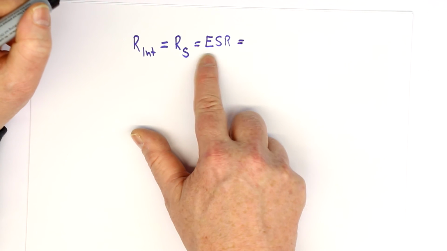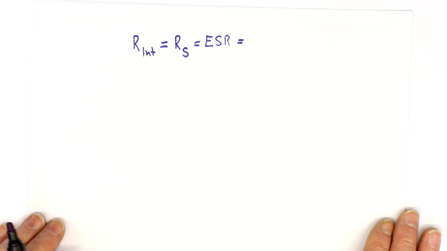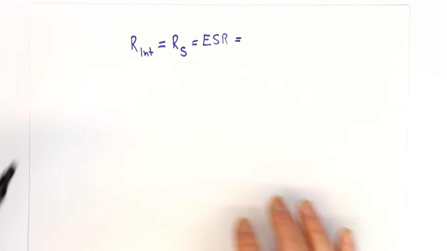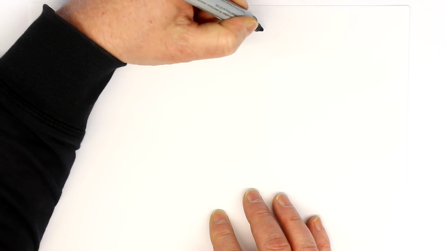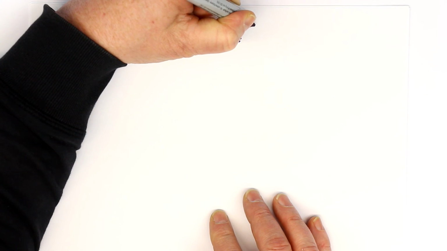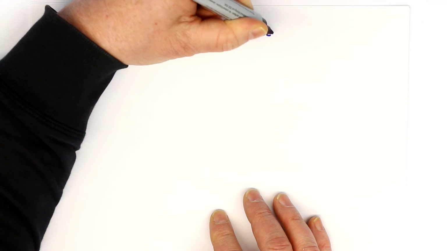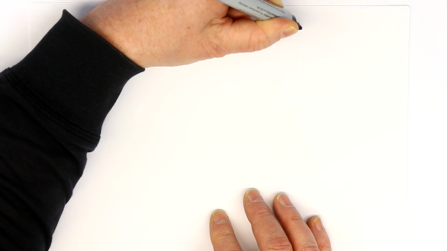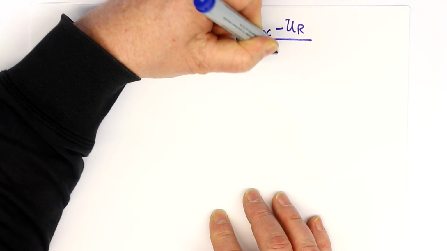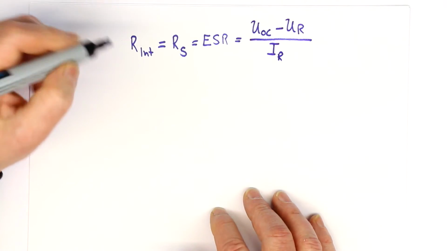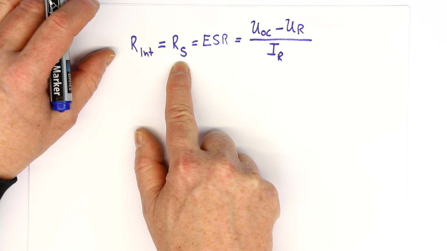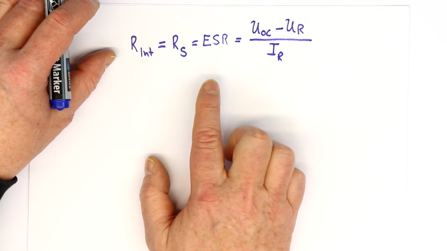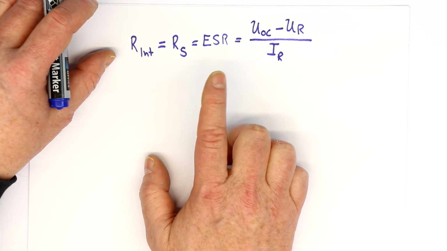If you cannot measure it with an LCR meter, then you can calculate it in a simple way. You just measure or take from the data sheet the open circuit voltage minus the rated voltage, divided by the rated current, and then you get your internal resistance. So that is quite an important result. Do not use the DC resistance.